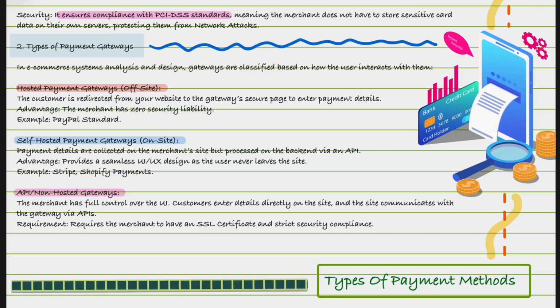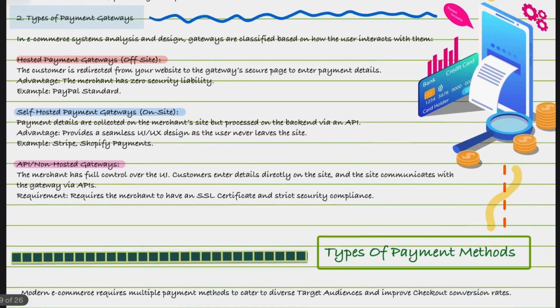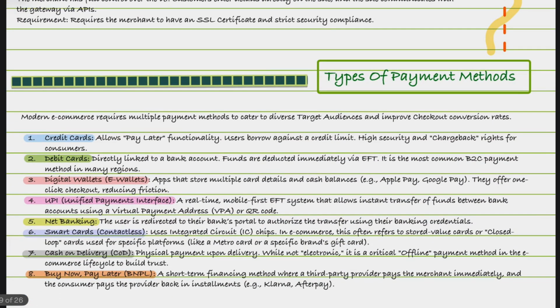This model demands incredibly high security because it forces the merchant to maintain a comprehensive SSL certificate and strict compliance, because everything from payment to every banking detail and communication to the network and banking API is happening on the merchant site. So it is very important that strict compliance is maintained in this scenario. Let's move forward and discuss the 8 foundational payment instruments.